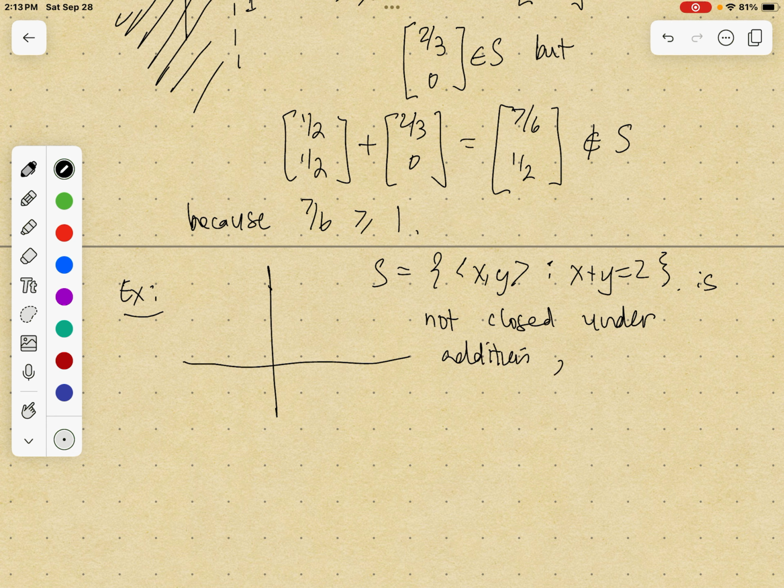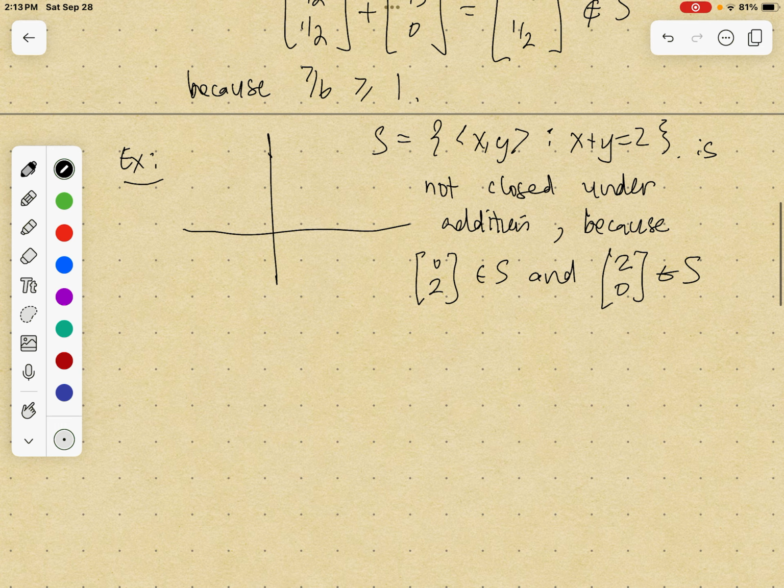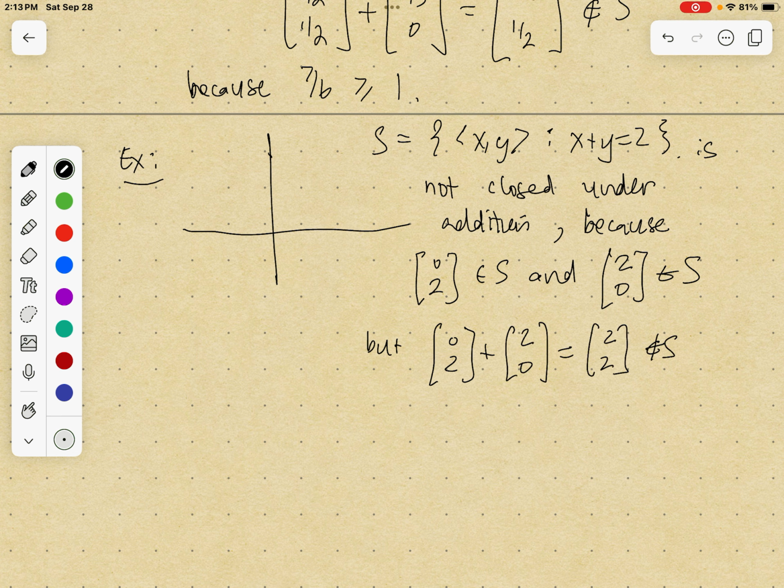And to justify this, we have to find two vectors in S whose sum is not in S. Well, we can take, say, (0, 2) and (2, 0). These are in S because x plus y is 2, but the sum is (2, 2), which is certainly not in S because 2 plus 2, just in case it's not obvious, is not equal to 2.